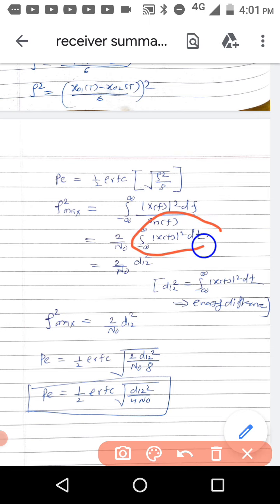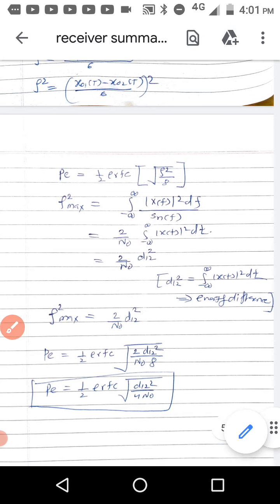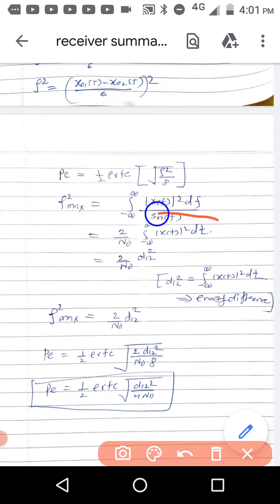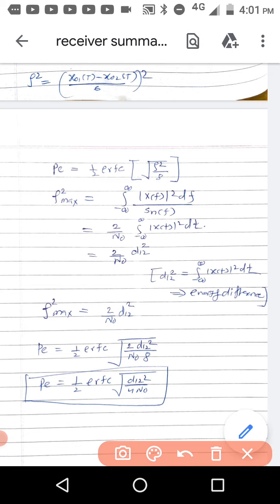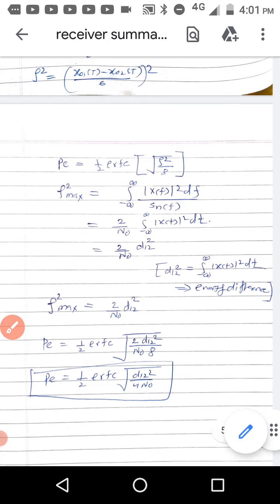Now integral of mod X(f) square df is integral of mod x(t) square dt. So this indicates a signal energy difference, because x(t) is equal to x1(t) minus x2(t). That is nothing but given by the Euclidean distance between two signals on the constellation diagram. So that is equal to d12 square. This energy difference between x(t) equal to x1(t) minus x2(t) is d12 square.